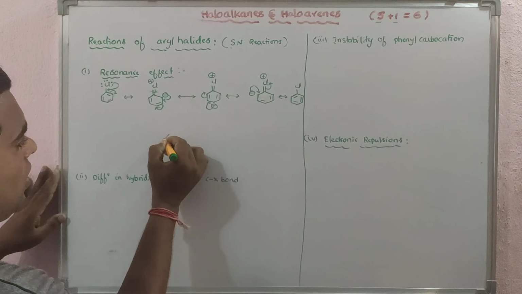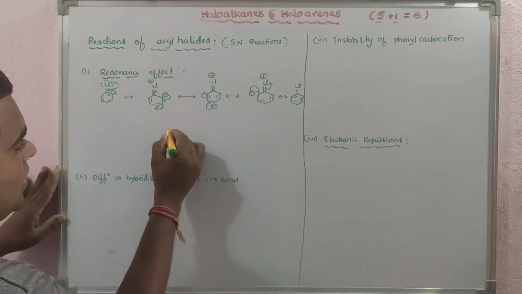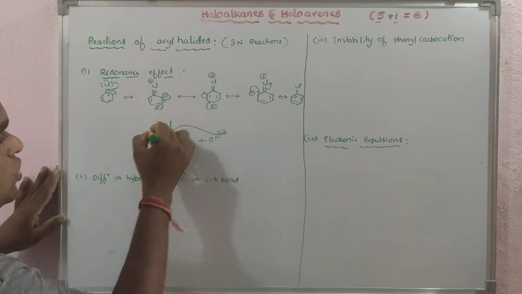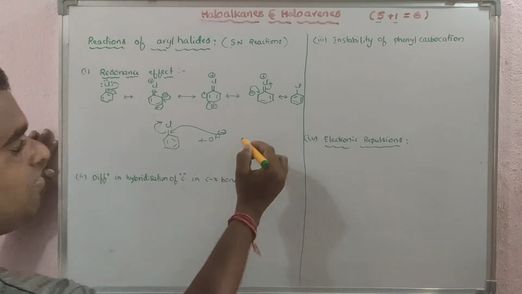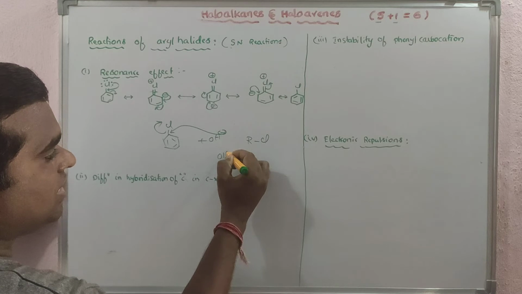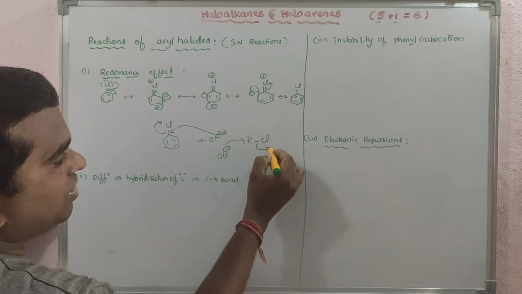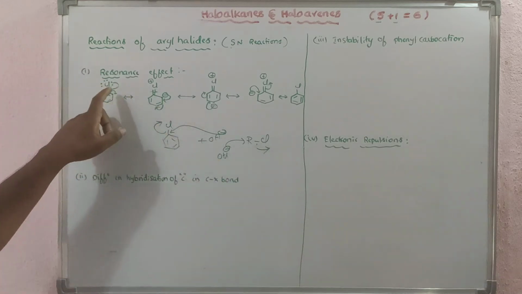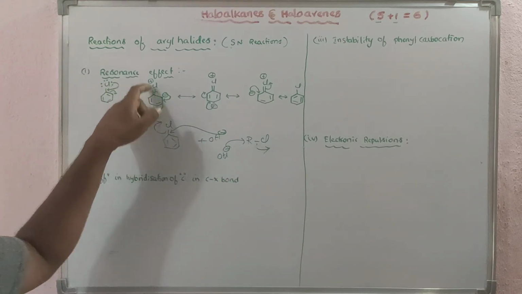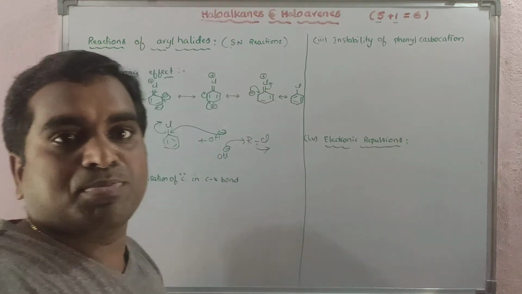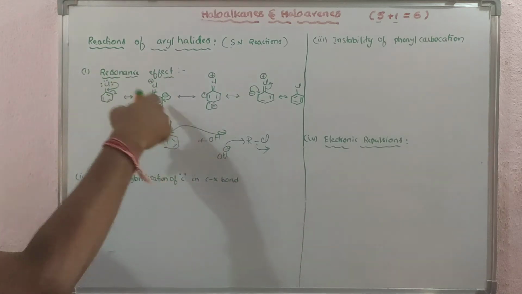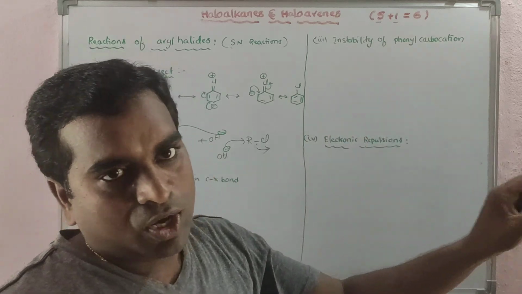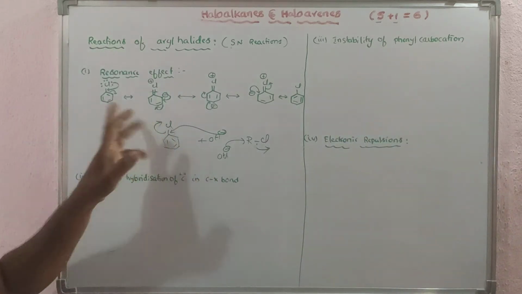Nucleophilic substitution means the chlorine should be substituted by another nucleophile, which attacks here, and chlorine should go. In alkyl halides, OH minus attacks and the chlorine is removed easily, because there is a single bond. But here it is not a single bond, it is partially double. So replacement of the chlorine by the nucleophile is very, very difficult. That is the one reason.